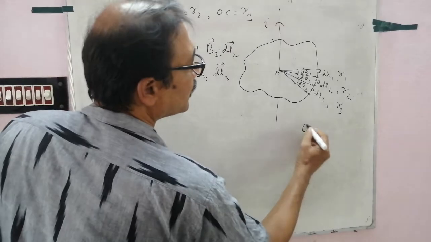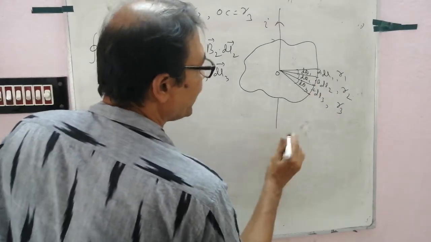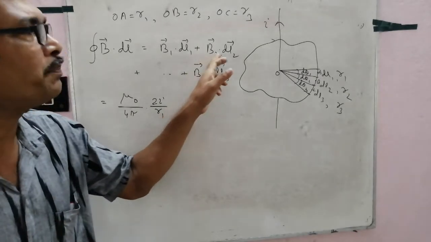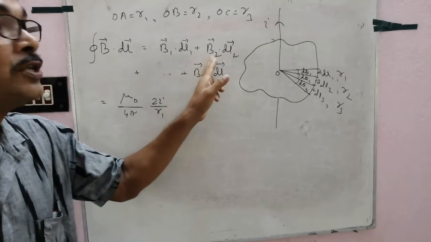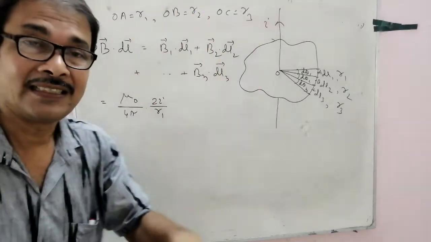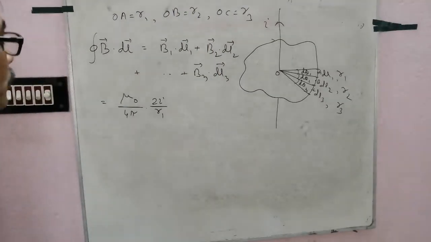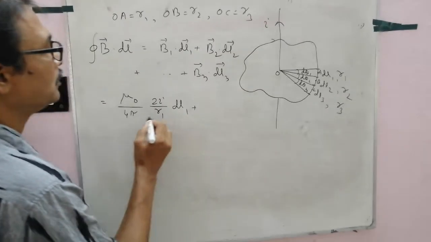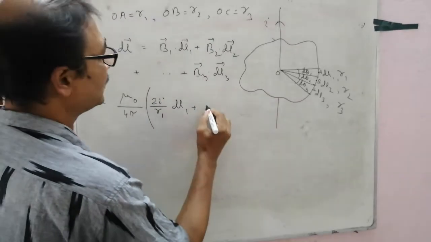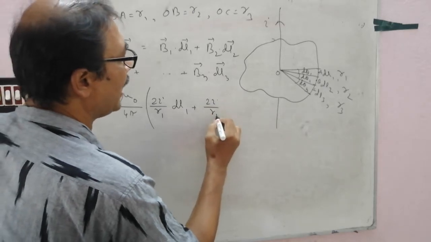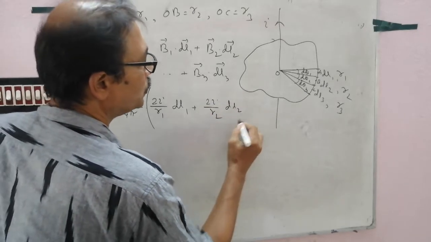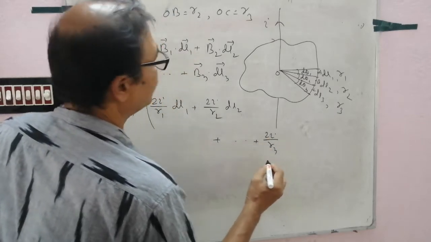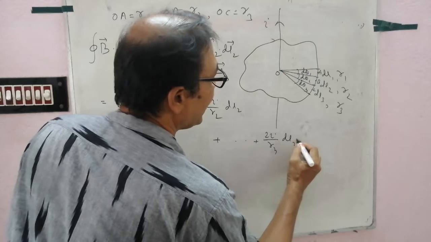Theta is the angle between B1 and DL1, 0. The angle between B2 and DL2 is 0, because B2, B1 are all tangential, as I mentioned before. So DL1 plus 2I by R2 DL2 plus finally 2I by Rn DLn.